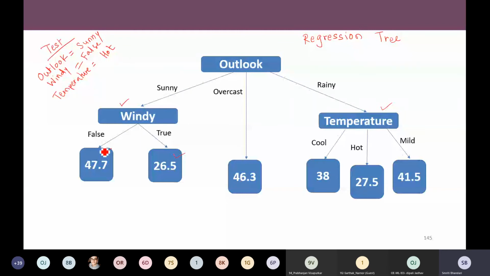So we follow this path and arrive at the leaf node. What is the value in the leaf node? It is 47.7. So our prediction for hours played is 47.7 under these weather conditions. This is how we predict the continuous value.